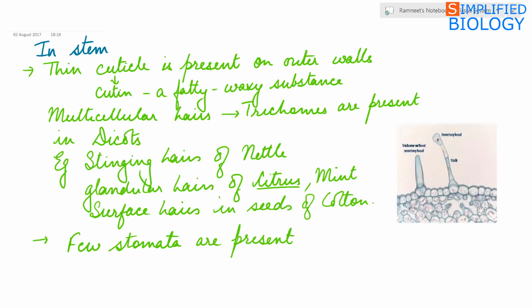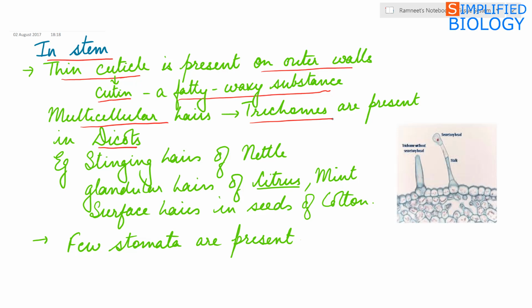In stem too, the epidermis is single-layered, made up of parenchyma cells. Now a thin cuticle is present on the outer walls. Cuticle is made up of cutin, a fatty waxy substance which is impermeable to water. Present in the dicot stem are multicellular hairs called trichomes.